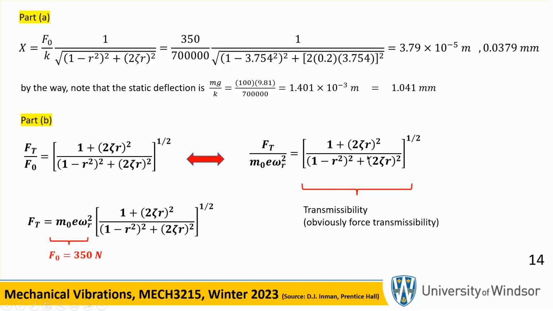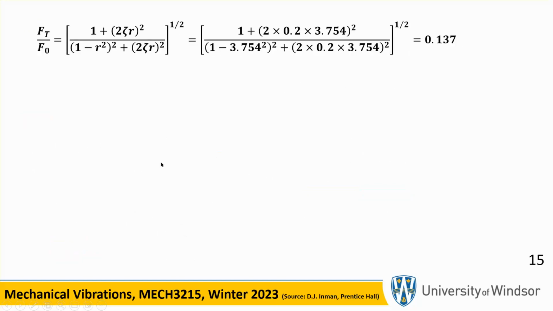We have zeta, we have r, and once we get that, we just multiply it by this number, which is your 350 pound, and you're going to get force transmitted. So the force transmissibility is that ratio, just worked out. Part C is just taking that F naught, which is 350 times this transmissibility, and you're gonna get the force transmitted to the ground due to this rotating unbalanced problem.